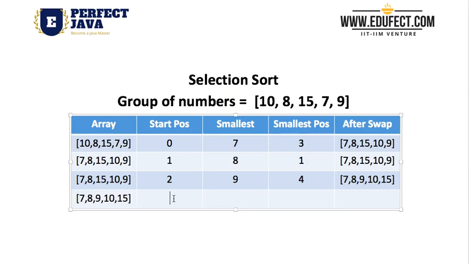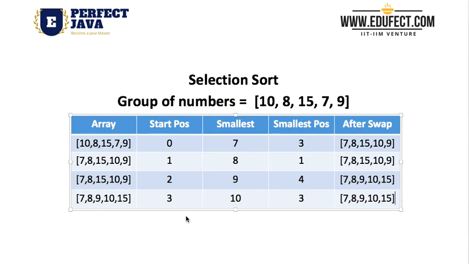Now we will start from the position 3. What is the smallest value in the remaining unsorted part? It is 10. What is the location of this? It is 3. And now once we swap them, what do we get? 7, 8, 9, 10, 15.